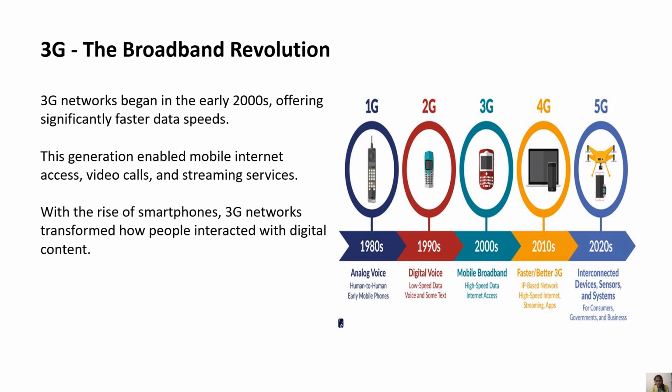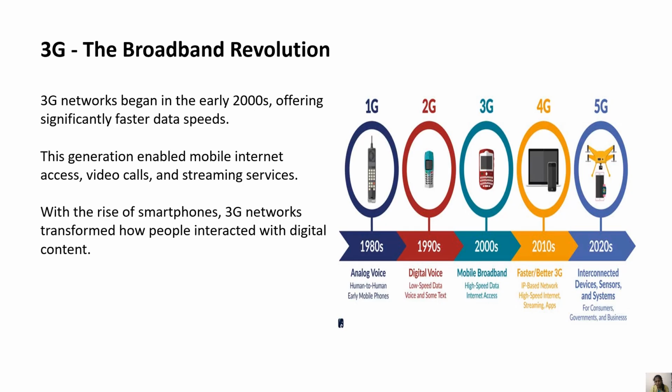In 1G, we are using analog voice, that is human to human, on early mobile phones. It was introduced in the 1980s, and 2G mobile phones were introduced in the 1990s. They sent digital voice with low-speed data, voice and some text. 3G mobile phones were introduced in the 2000s.